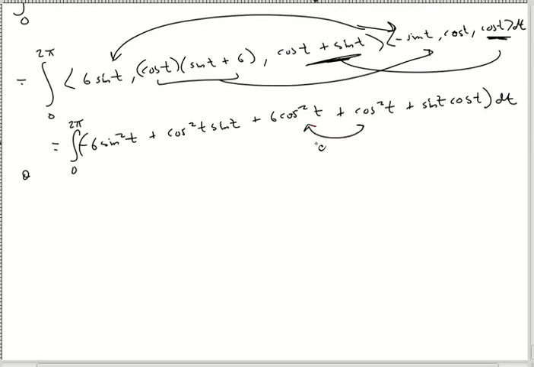There's a 7 there. You could probably convert that over to a 1/2 sine of 2t. This would be a u substitution. Oops. It would just be cosine, basically. So du would make it negative sine.